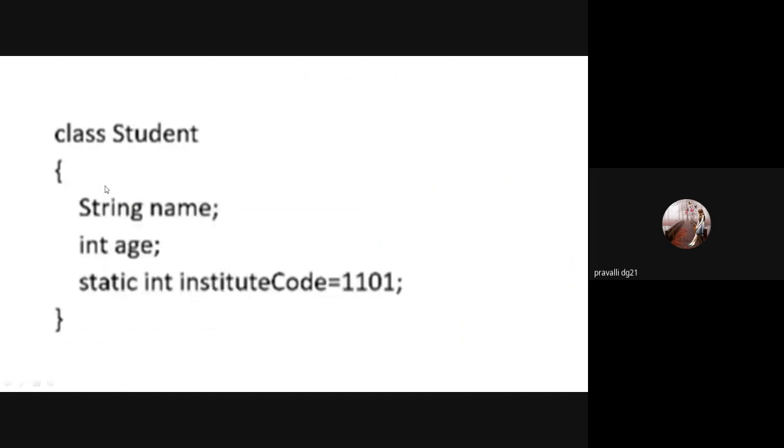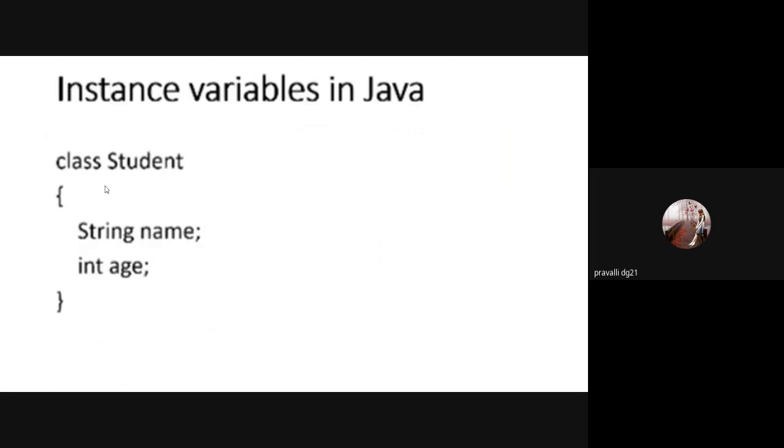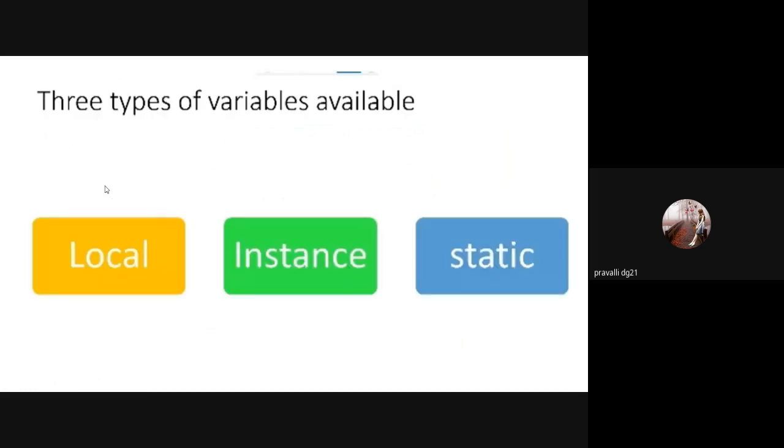Next, this is the next type: static variable. Static or class variables are declared with the static keyword. Static variables are initialized only once. They create a single copy and share it with all instances of the class.